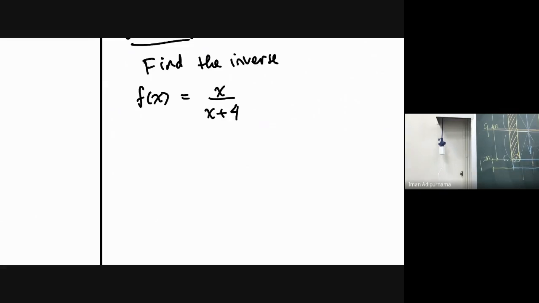So to find the inverse is basically you are switching x and y, right? So now this is y, right? If you have f of x is y, then you need to solve for x and then exchange to f inverse. Okay.